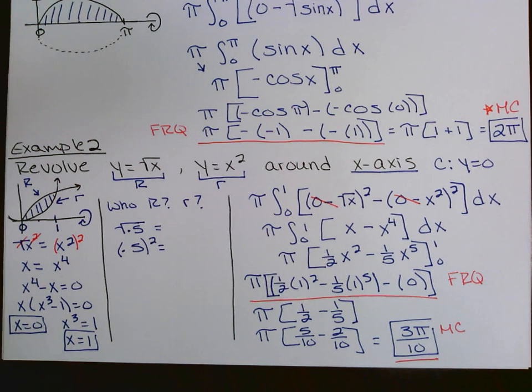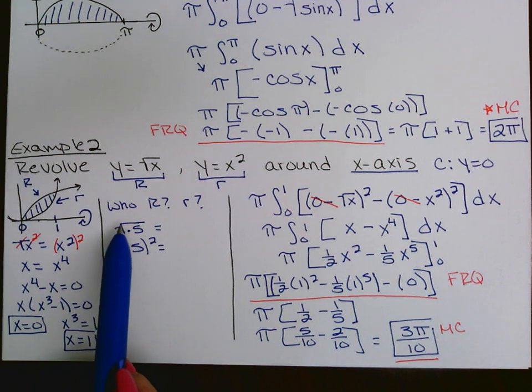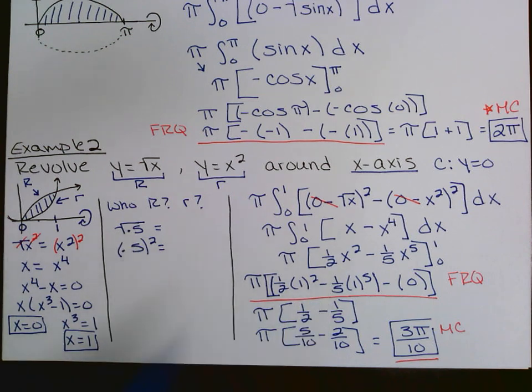The reason why I'm not a fan of only doing it mathematically is because you would need your calculator for this. And calculators are not always allowed, like on the AP test. So square root of 0.5. Who's going to give me a bigger or smaller number?